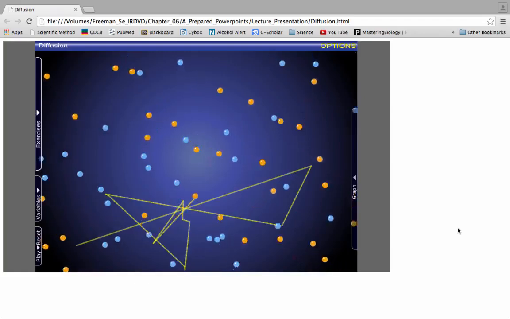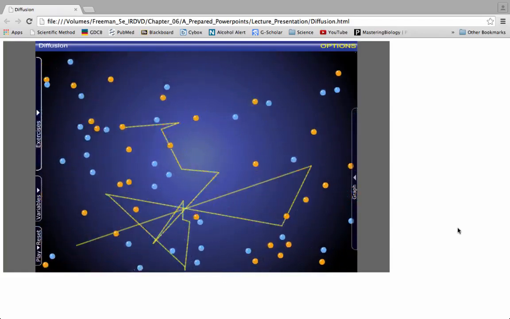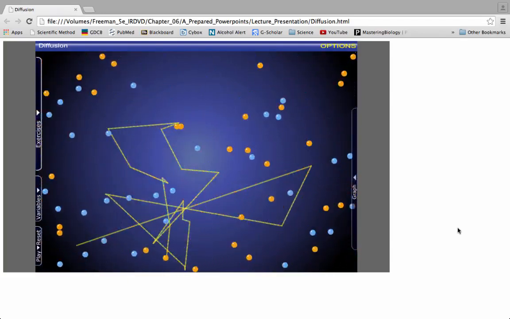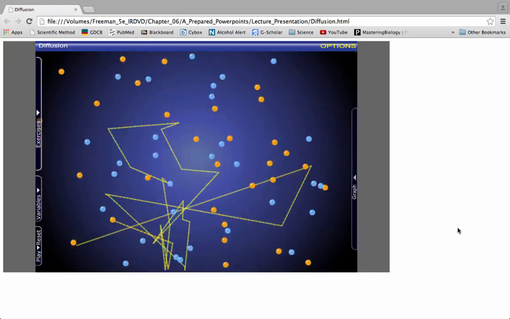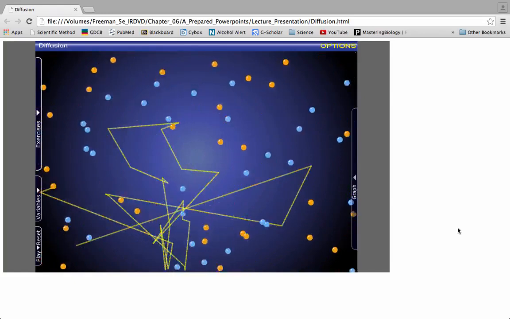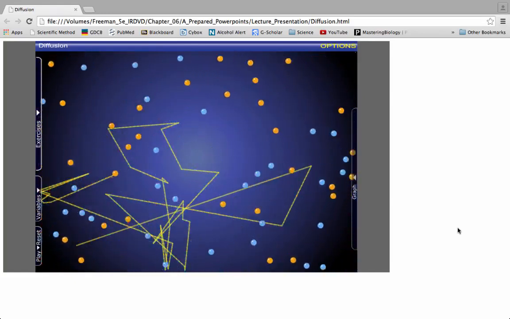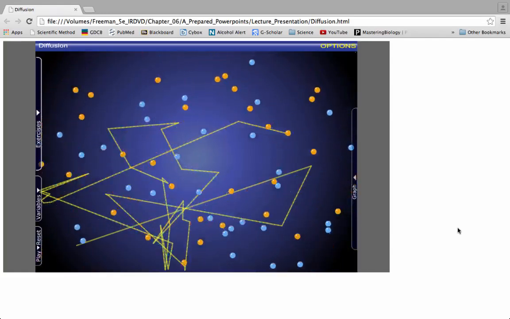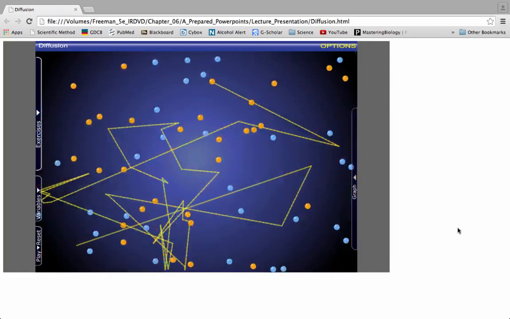You can see that the molecule is randomly in motion and its path is being directed by collision with other molecules that are present in solution or with the sides of the container that is holding the solution. So there's no particular pattern to the motion of that molecule.